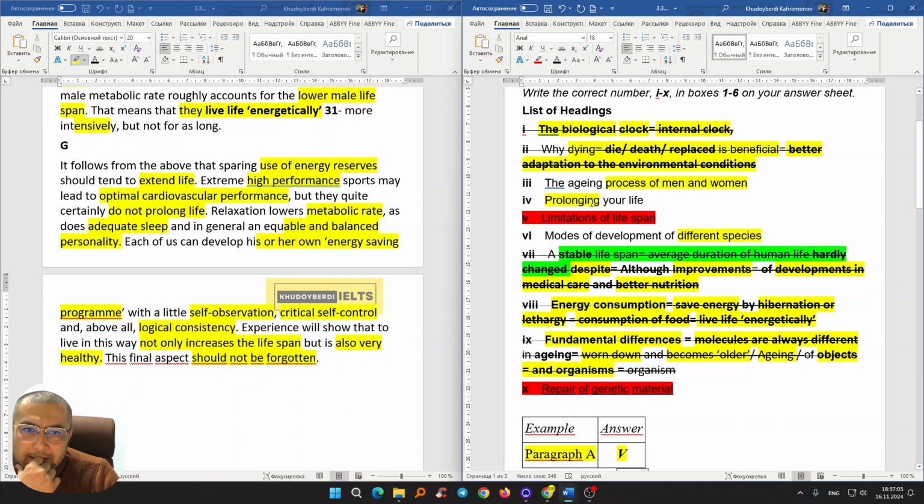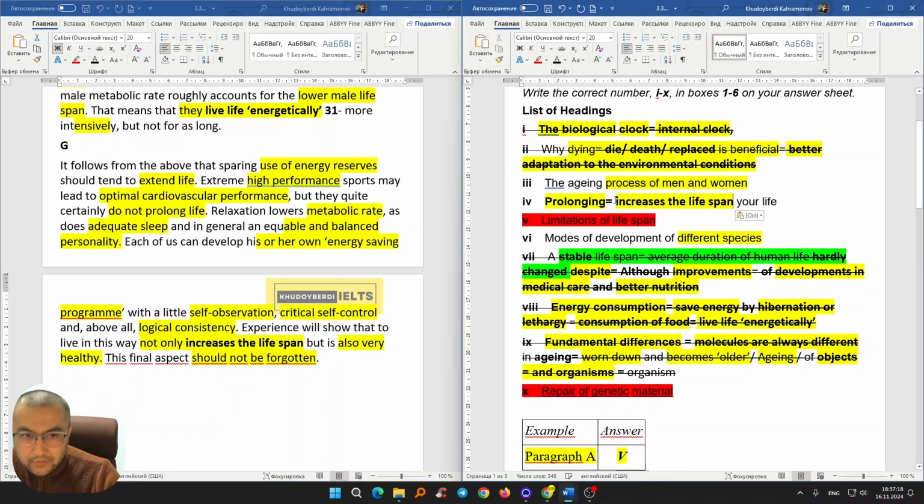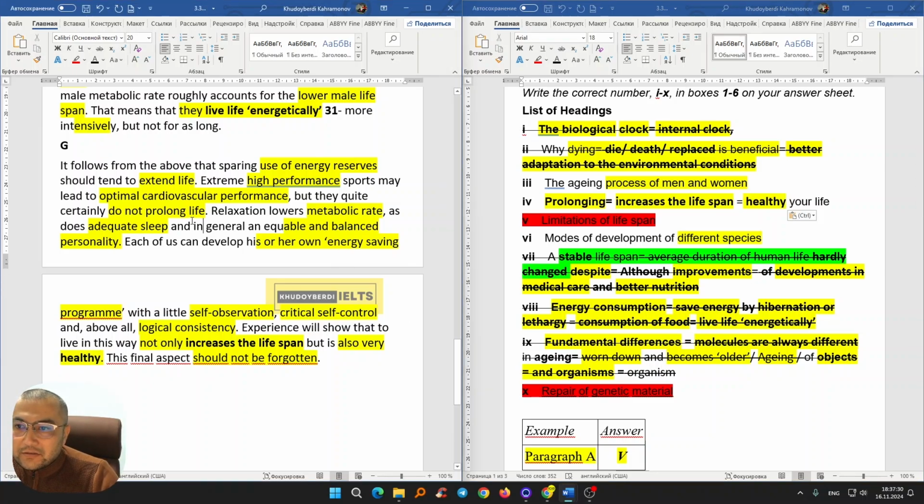So prolonging can be a perfect synonym. Let me explain why. Increased lifespan, right? Increased lifespan means prolonging your life, right? And very healthy. Healthy means, of course, prolonging your life in some ways, right? Because if you pay attention here, high performance sports like extreme sports do not prolong life.